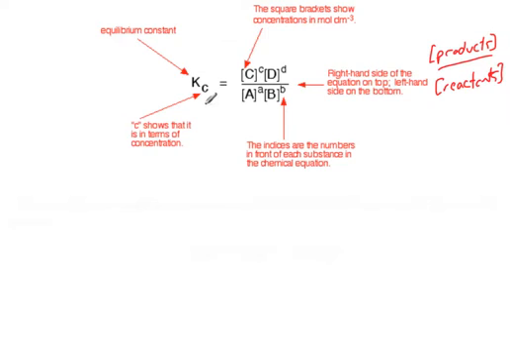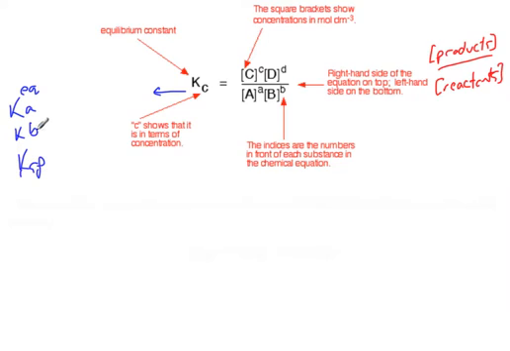Now, lowercase c could also be EQ, subscript EQ, which stands for equilibrium constant, a constant at equilibrium. You will also see Ka, an acid dissociation constant; Kb, a base dissociation constant; and Ksp, a solubility product constant.